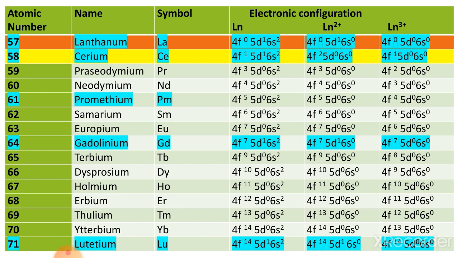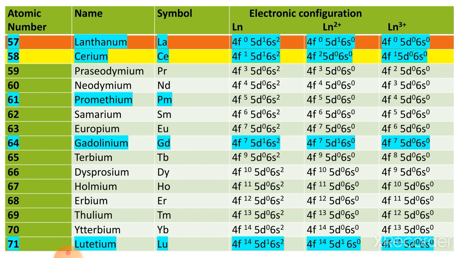Lanthanum, atomic number 57, symbol La. In the atomic condition, the electronic configuration is 4f0, 5d1, 6s2, but in the +2 condition, the outermost 6s2 electrons are removed. That's why it gets the Ln2+ charge, and when it comes to the Ln3+ charge, it also removes one electron from the d orbital.